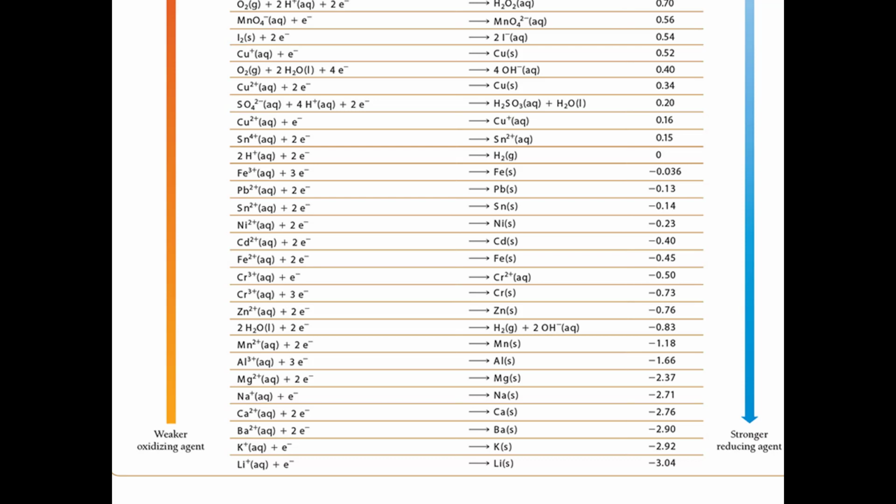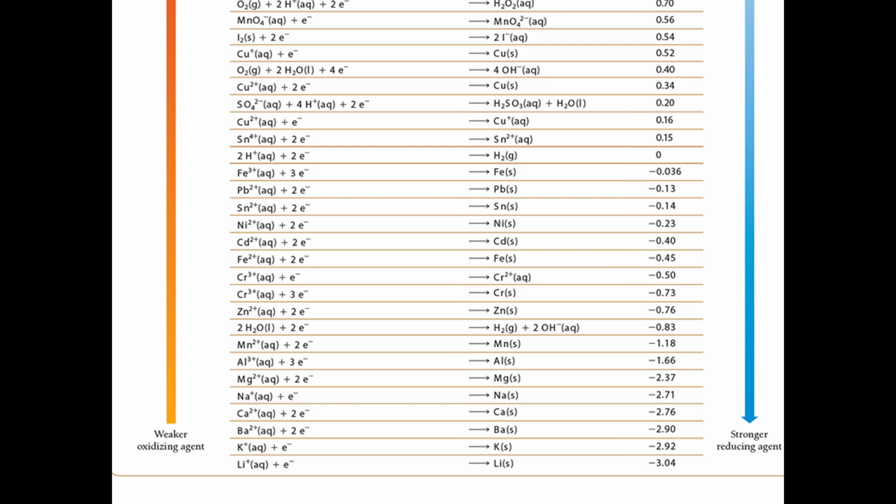So the zinc solid, which is on the product side of this reduction potential, will oxidize and become zinc 2 positive and 2 electrons. So now it's being oxidized. Its electrons will then react with the copper 2 positive ion, which will form copper, and that's a reduction at 0.34.